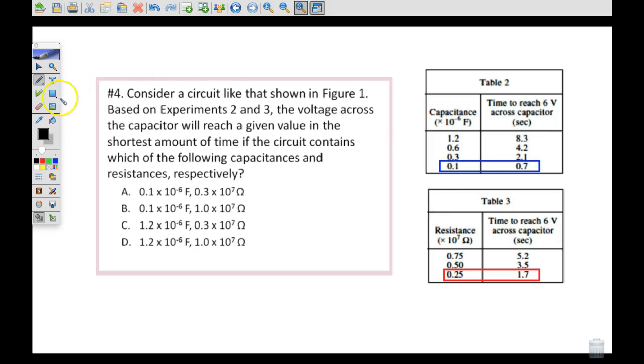In blue here, I've identified the capacitance, which is 0.1 times 10 to the negative 6th. So that value is in both A and B. But in table 3, 0.25 times 10 to the 7th is the resistance needed to have the smallest amount of time, and that's in answers A, because 0.25 rounds up to 0.3, and C. So the only answer that has both of those options in it is A.